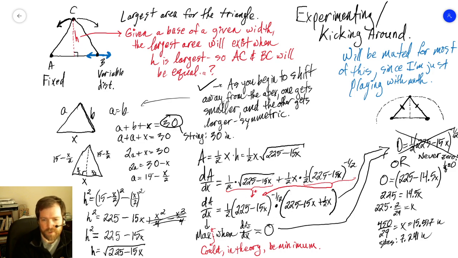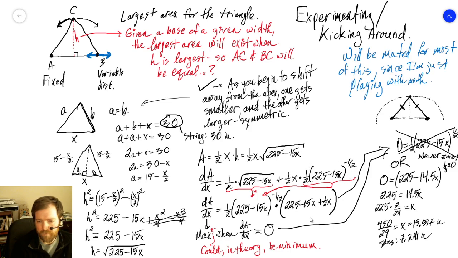So doing all this derivation, this is factoring out 1/2 the square root, or technically, if you think about all of it together, 1 over twice the square root term. I'm just factoring all that out, and it takes out the half here. It also makes the first term, which was a square root, become just a whole 225 minus 15x. The second part is 1/2 x times the stuff that was factored out.